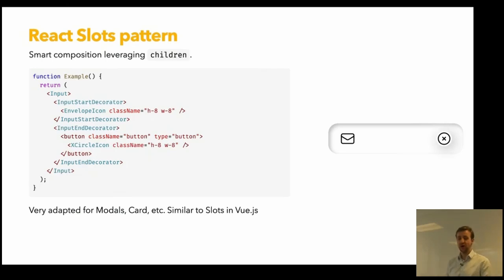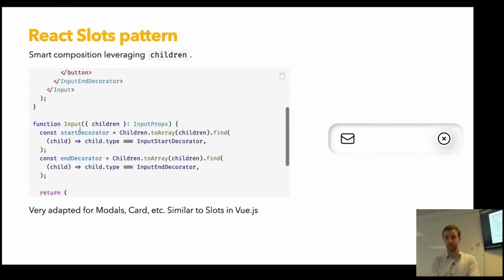The second one, I did it a bit complicated on purpose, so that you understand the goal behind it. Imagine you have an input, and instead of passing one child, I'm passing my children inside some specific components, for example the start decorator and the end decorator.